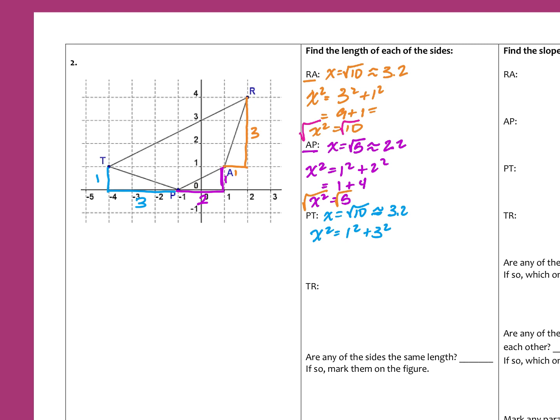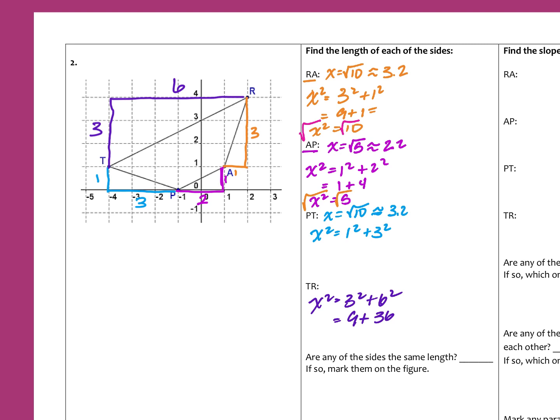And then my last one, I draw my triangle. What's my height of my triangle? 3. What's my width? 6. Good. So x squared is going to equal 3 squared plus 6 squared. What's 3 squared? 9. What's 6 squared? 36.